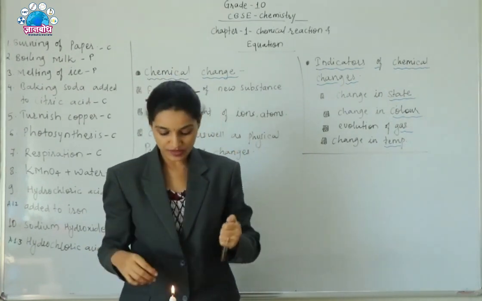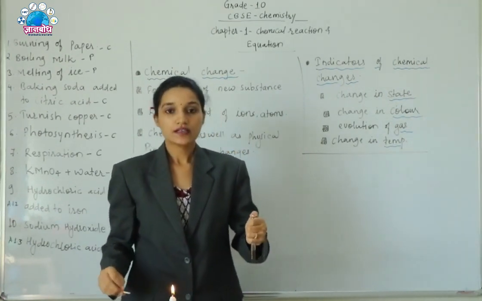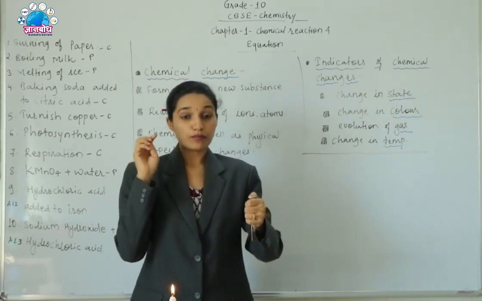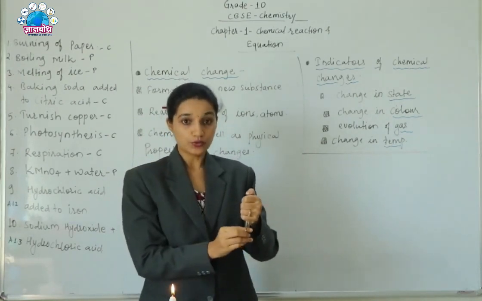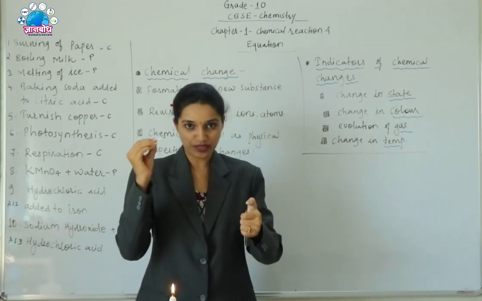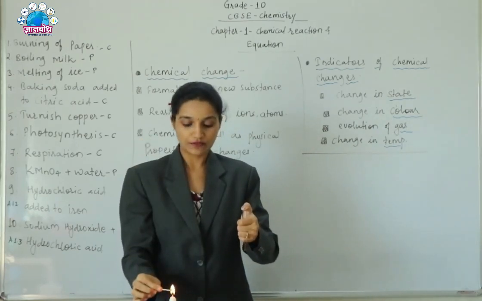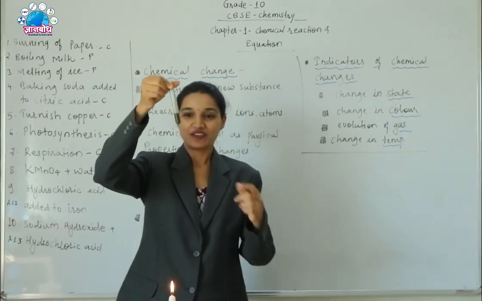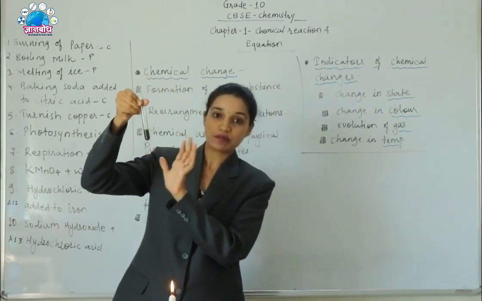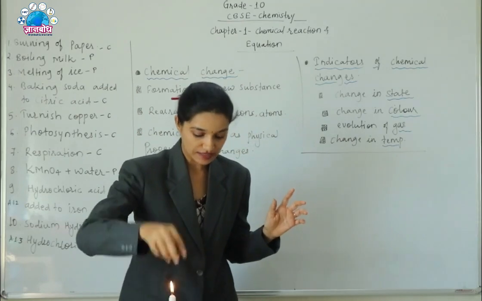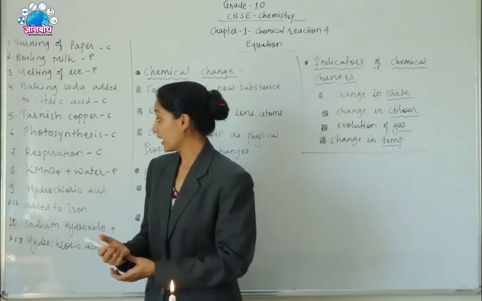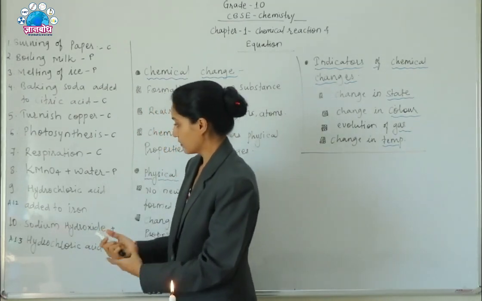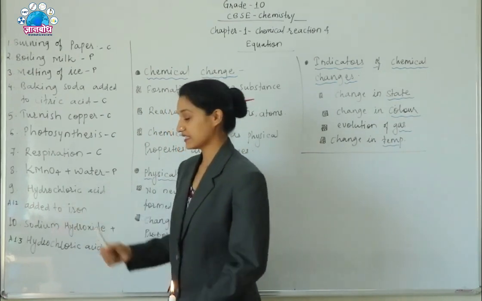Suppose if I trap this gas, you will hear a pop sound when I bring this burning matchstick in front of the test tube. So you can see bubbles are continuously formed, and this is again a reaction where hydrochloric acid is added to iron.